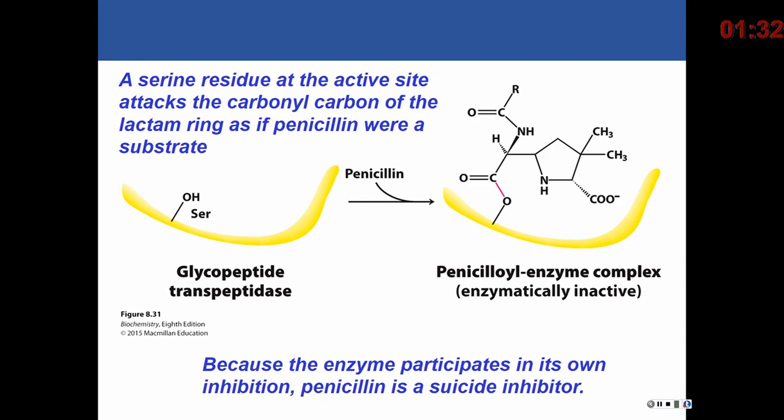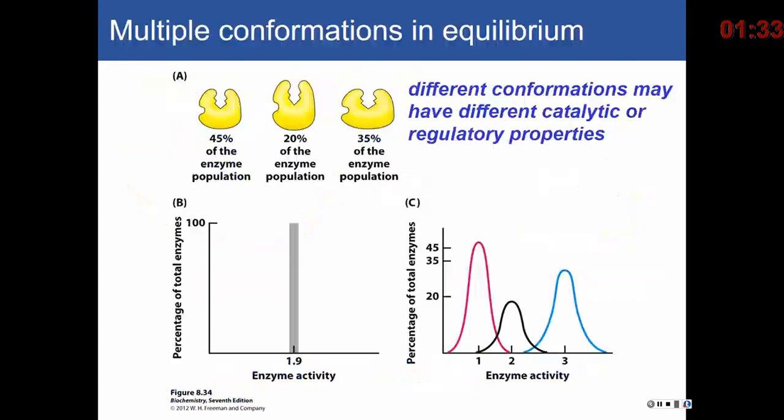Because the enzyme is actually attaching to the penicillin, it's participating in its own inhibition. And so it's changing penicillin, and now penicillin is not going to leave this active site because it has this bond right here. So that's how suicide inhibitors work. The enzyme itself gets tricked into participating in its own inhibition.